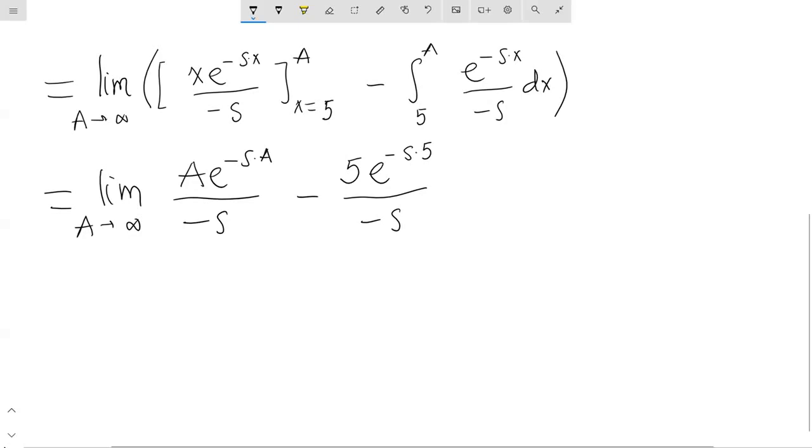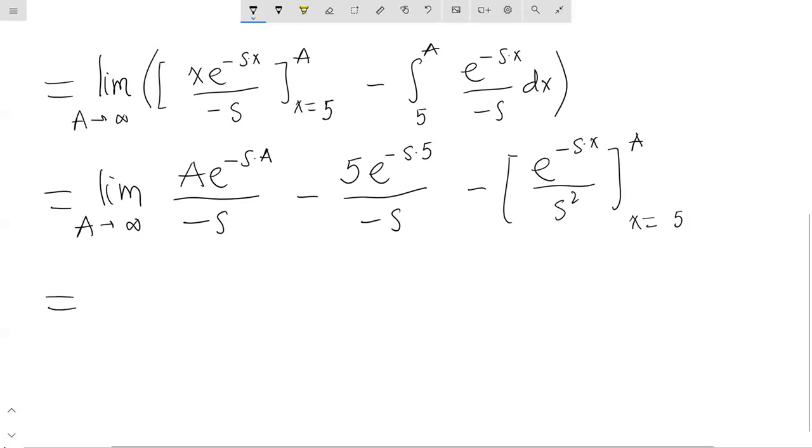And for the antiderivative, I would have the antiderivative of e to the minus s times x, with another factor of minus s in the denominator. It turns out we have e to the minus s times x divided by s squared, for x from 5 to a.